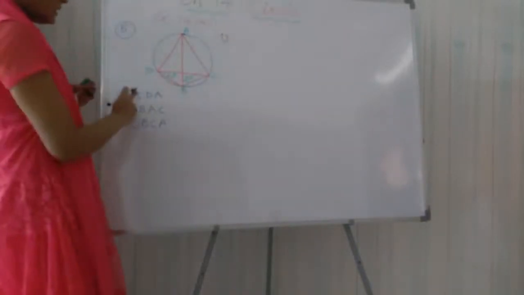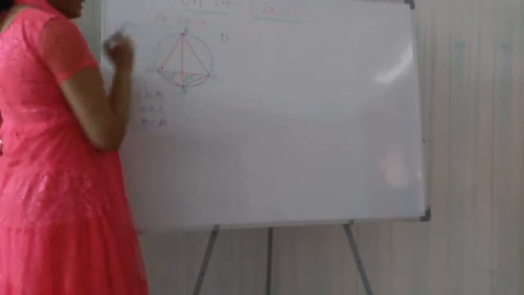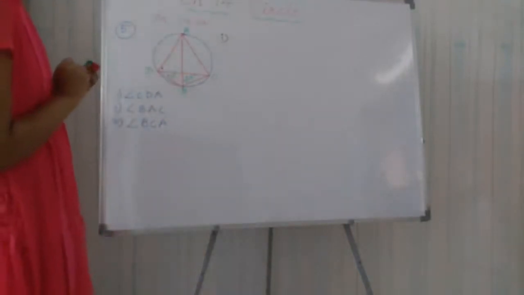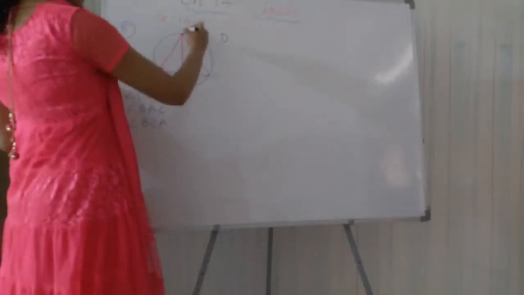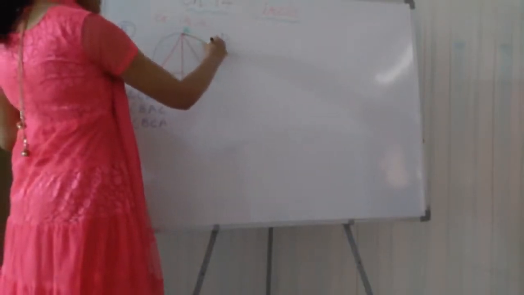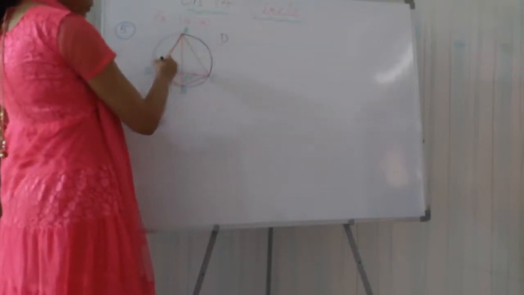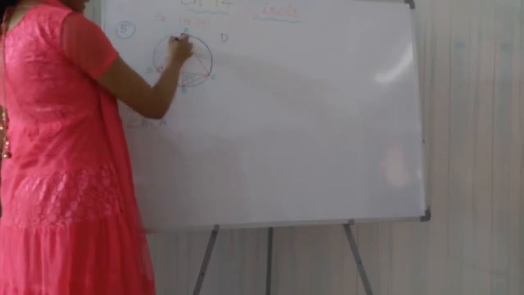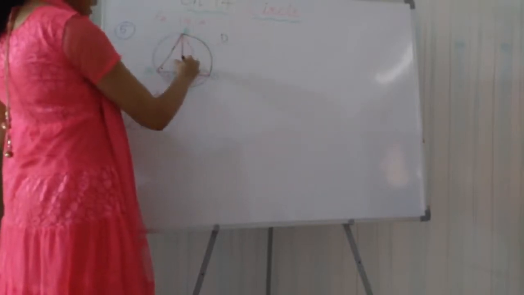For this you see CDA, it means this angle, where I have put the dot. Now we have learned one property students, that this is the arc AC. From this arc there are two angles formed. One is this ADC and another is ABC.